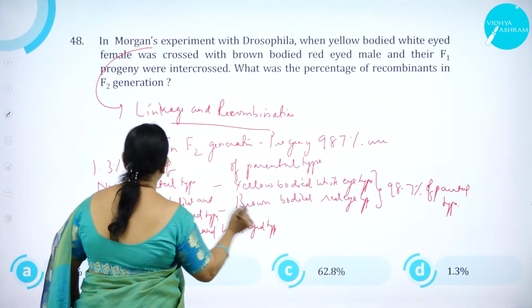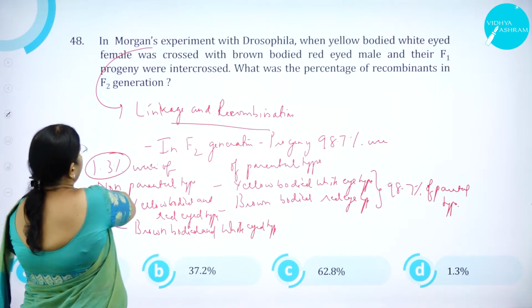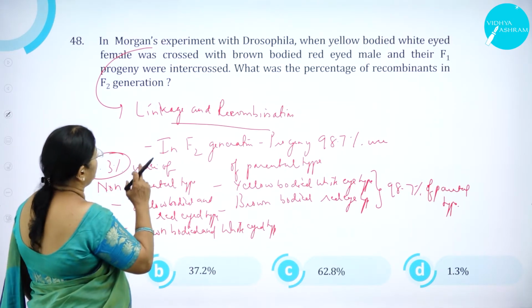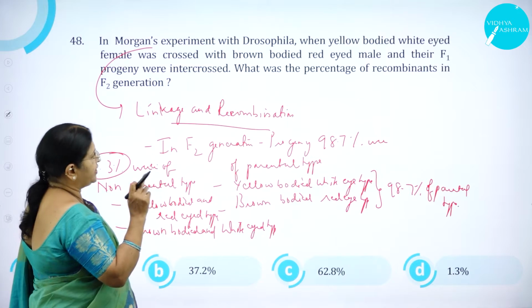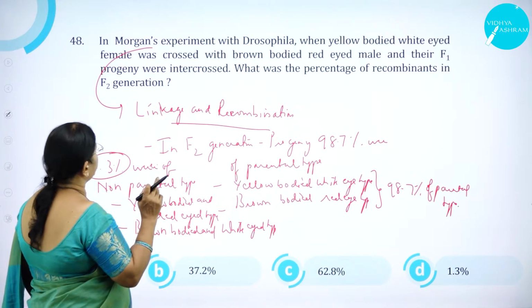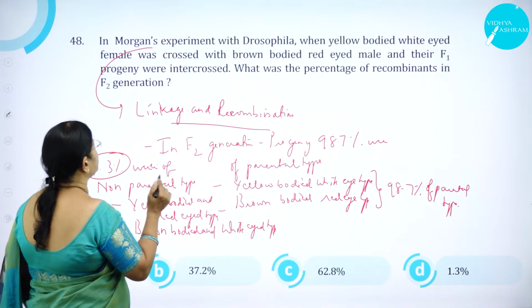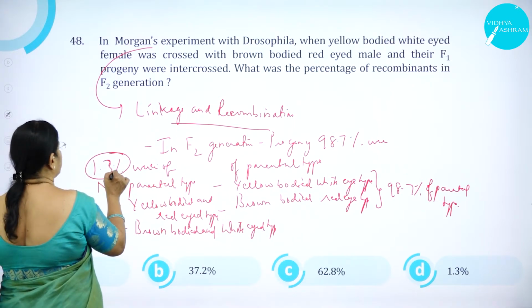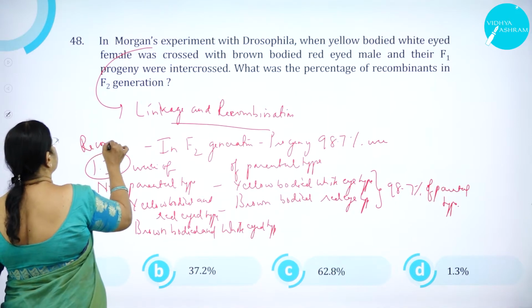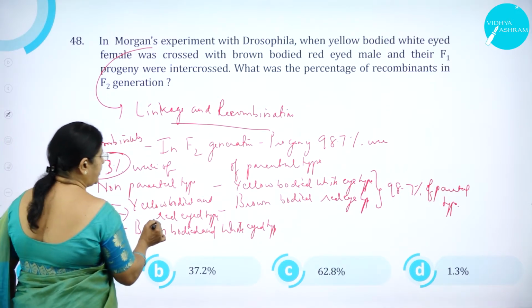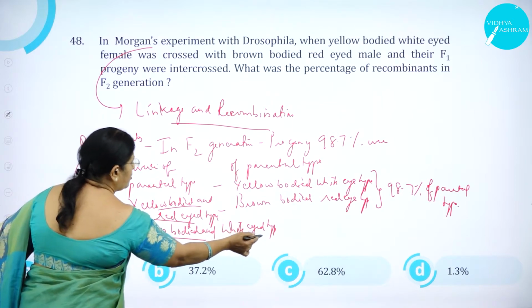So in Morgan's experiment with Drosophila, when a yellow-bodied white-eyed female was crossed with a brown-bodied red-eyed male and their F1 progeny were intercrossed, what was the percentage of recombinants in F2 generation? So 1.3% were recombinants, the mixed variety, that is yellow-bodied red-eyed, brown-bodied white-eyed.